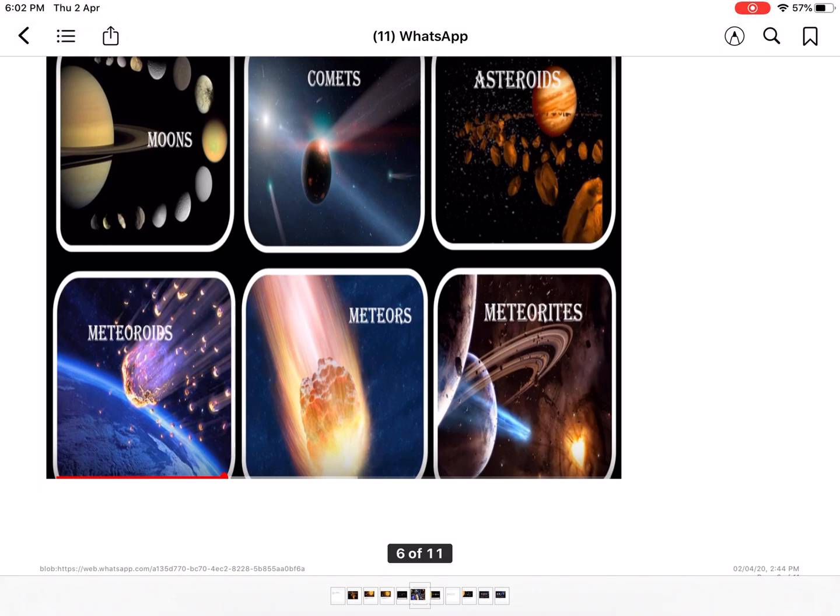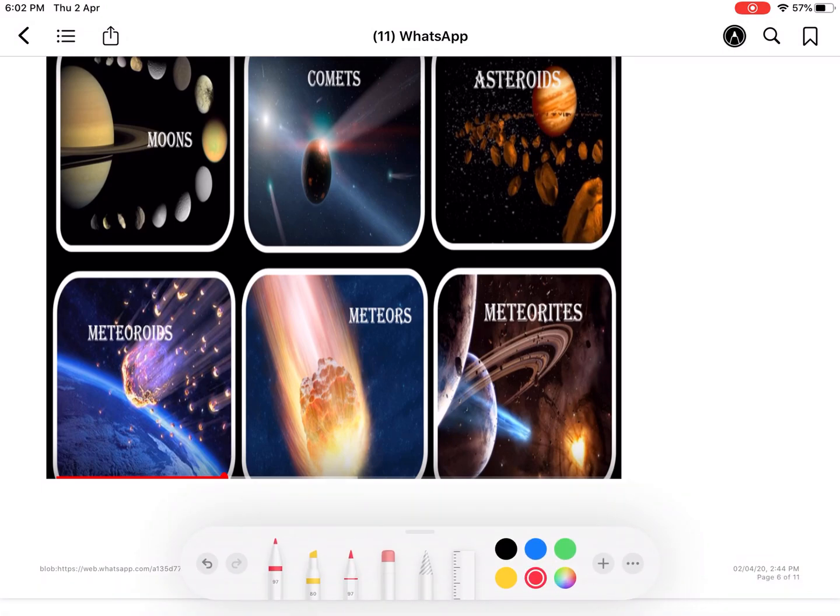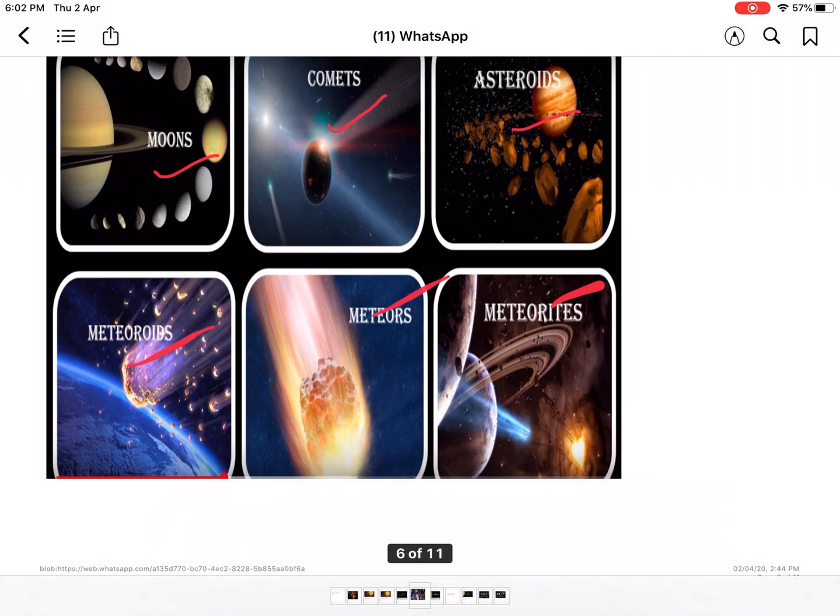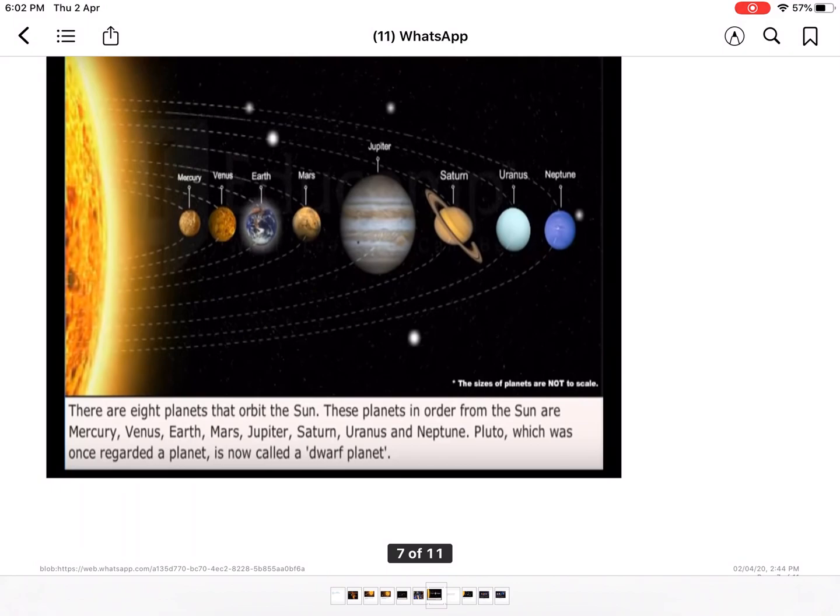Besides the planets, these are the other celestial bodies which are members of the solar system: the moon, comets, asteroids, meteors and meteorites. These are also part of the solar system. Now, there are 8 planets that orbit the sun.